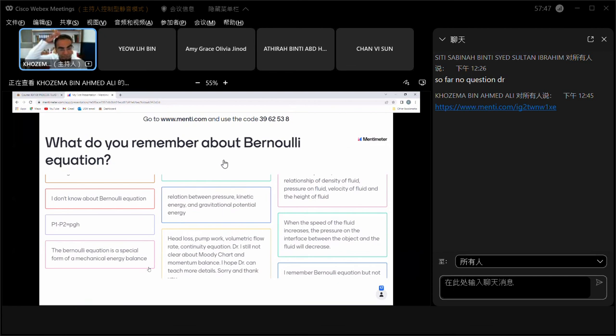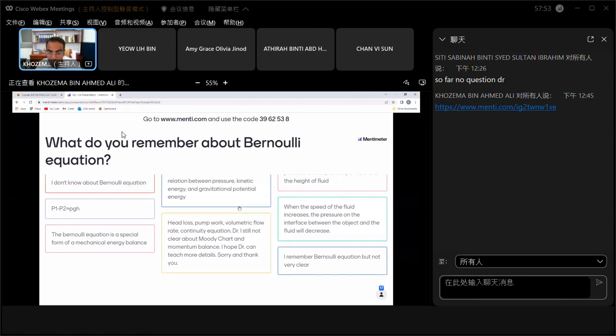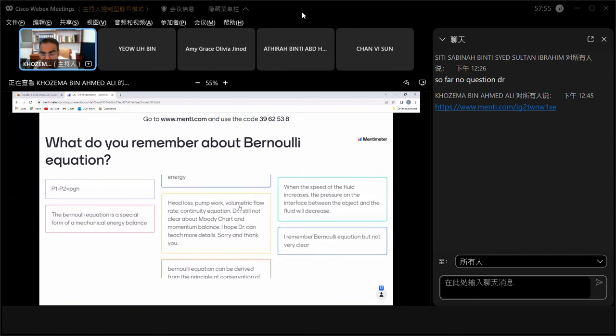Relationship between pressure, kinetic energy, and gravitational potential energy. When the speed of the fluid increases, the pressure at the interface between the object and the fluid decreases. The Bernoulli equation is a special form of mechanical energy balance.